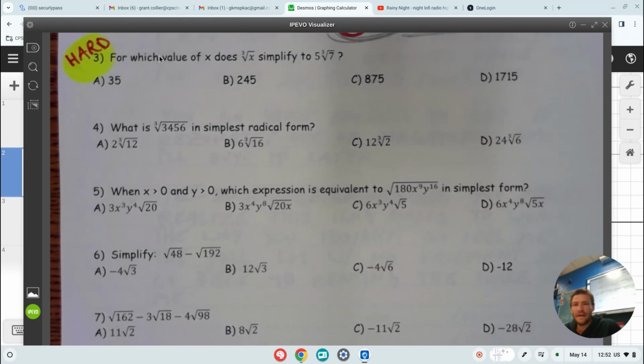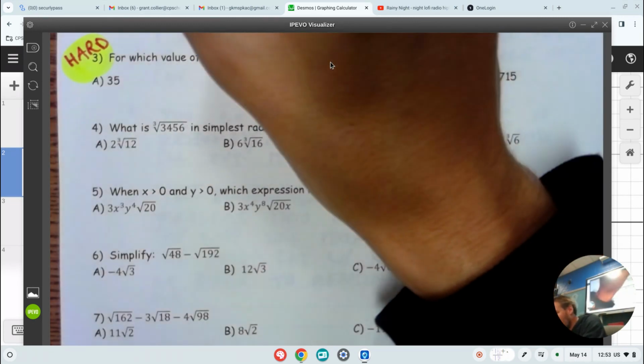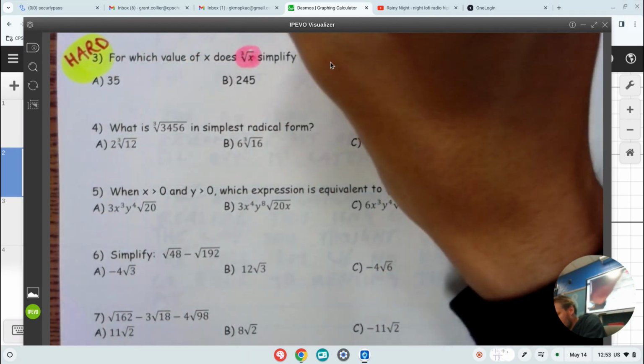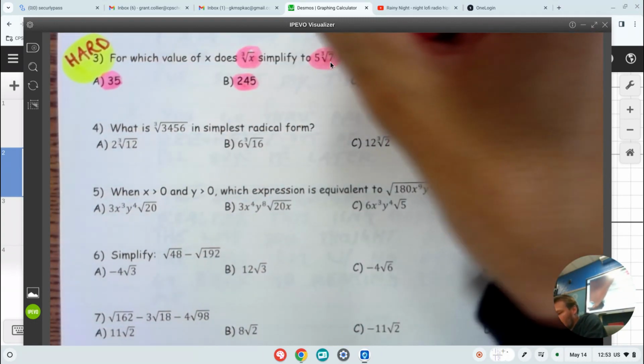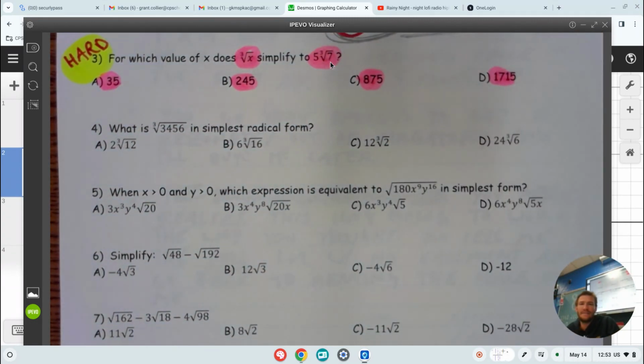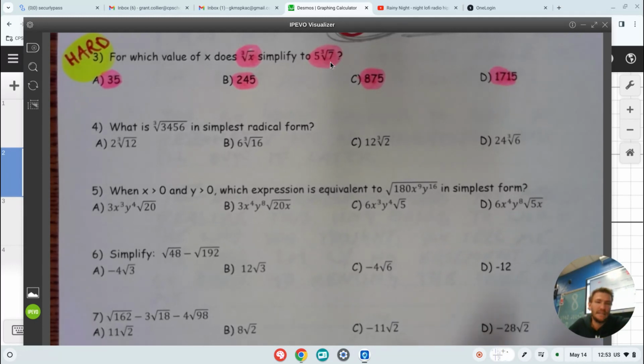It says, for which value of x does cube root x simplify to 5 cube root 7? So I'm noticing kind of 6 things right here. I'm noticing this, and then all 4 answer choices. So I'm kind of seeing 6 pieces here.